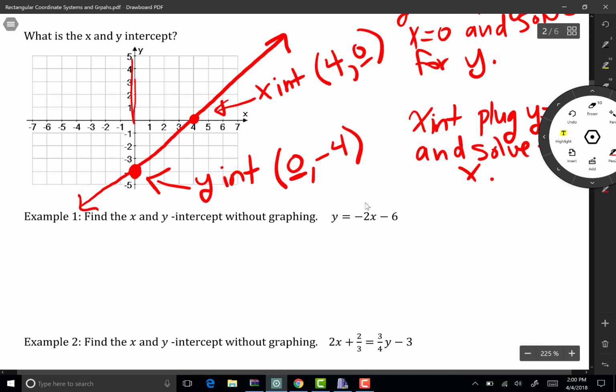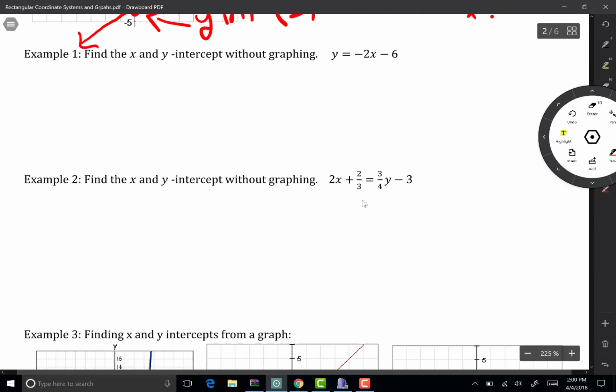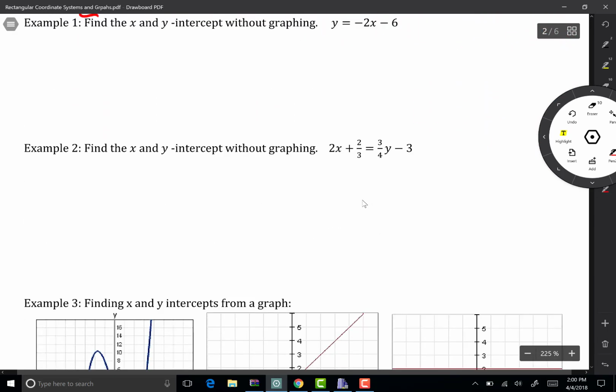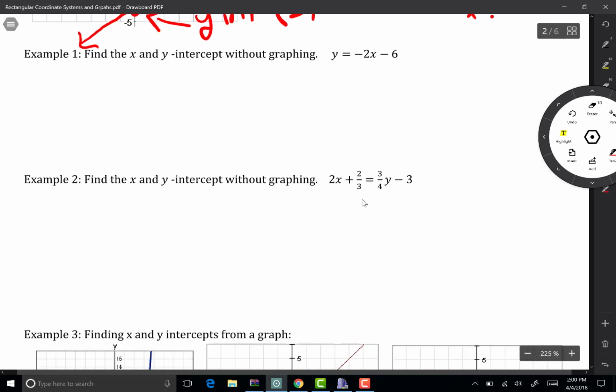So if we're given an equation and we're asked to find the x and the y-intercept, if we find the x-intercept first, that means I'm going to plug in y is 0. So I have 0 is equal to -2x minus 6.